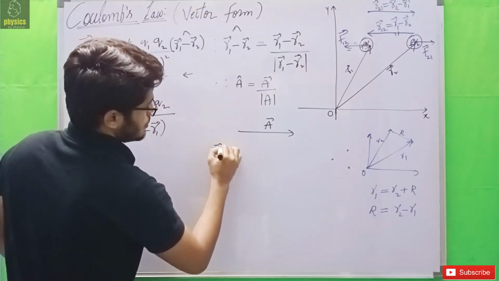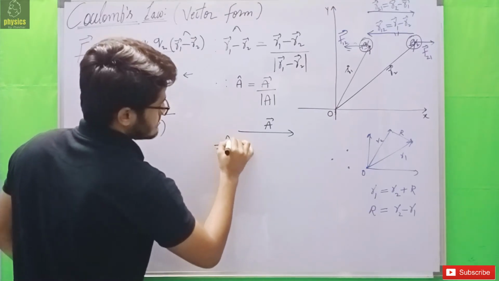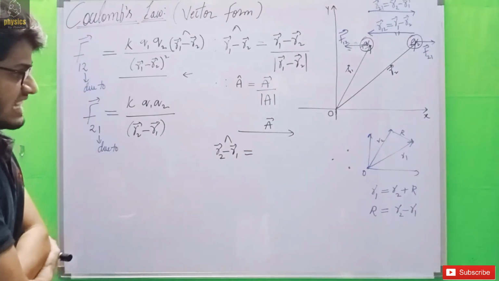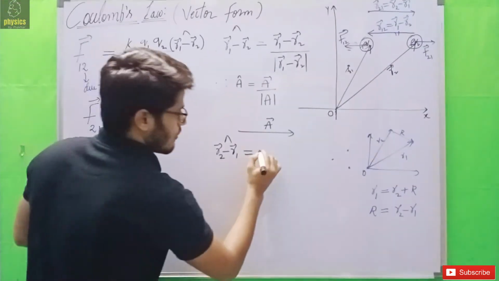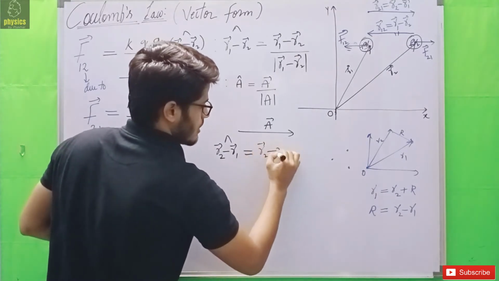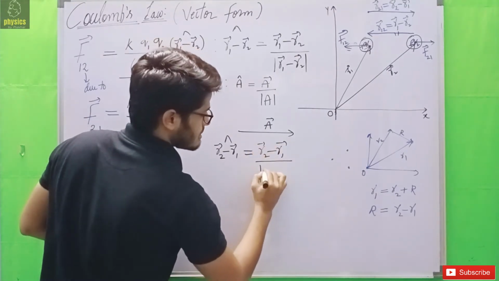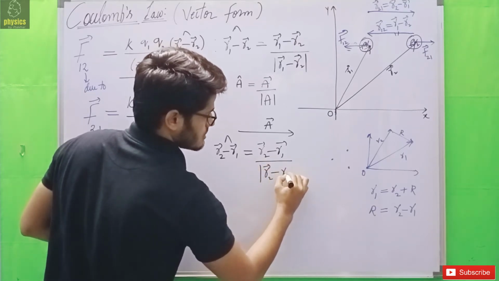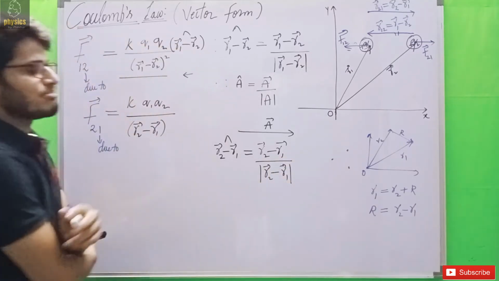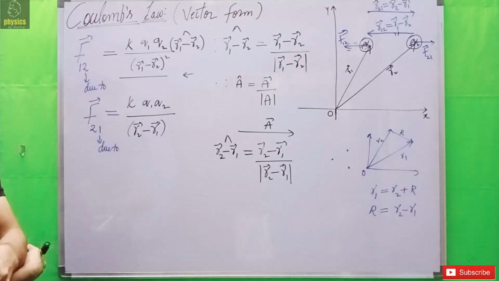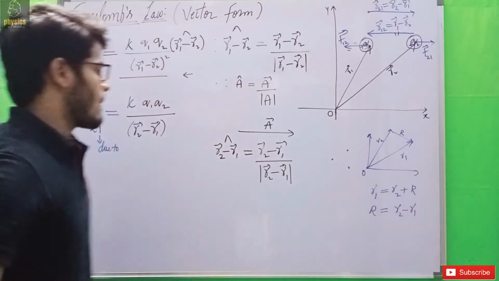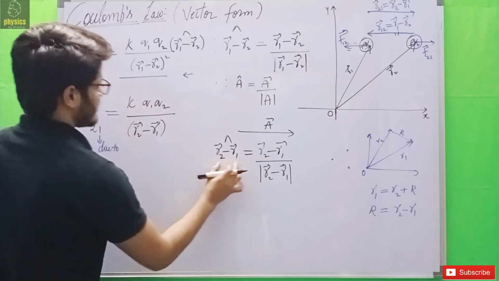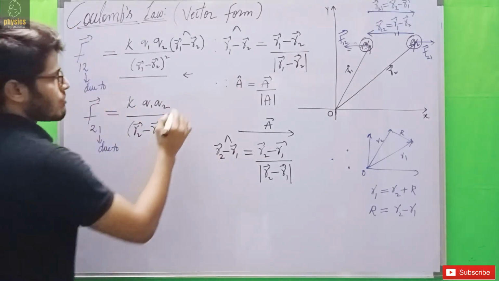R2 minus R1, its cap, the unit vector, will be represented with a cap on it, and will be the vector divided by its magnitude. Divided by its magnitude will give you the unit vector along the direction of the vector. Now if we multiply this expression with this unit vector, this force will become a vector.